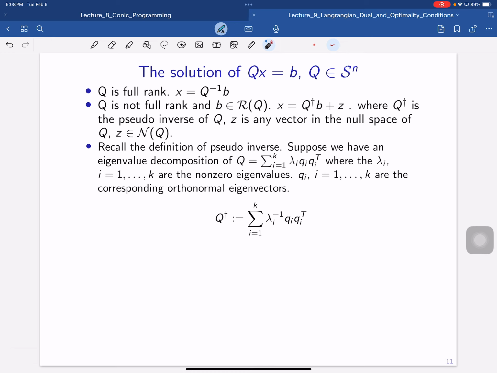So how do you get the solution of Qx equals B when Q is a symmetric matrix?